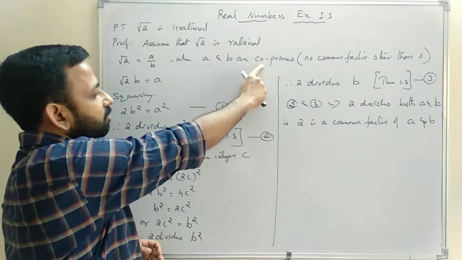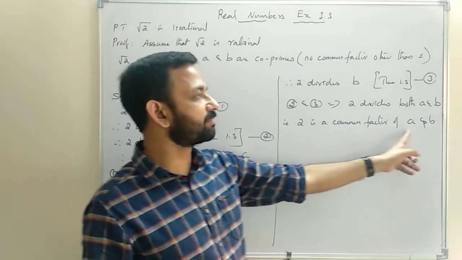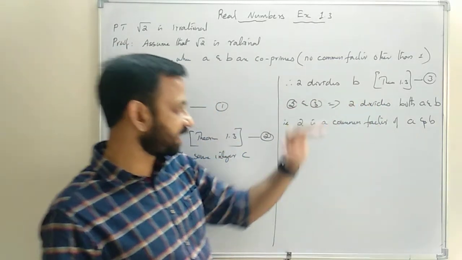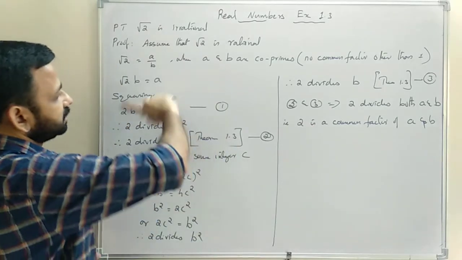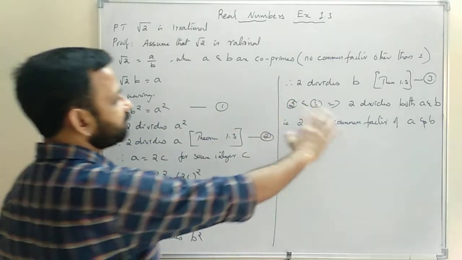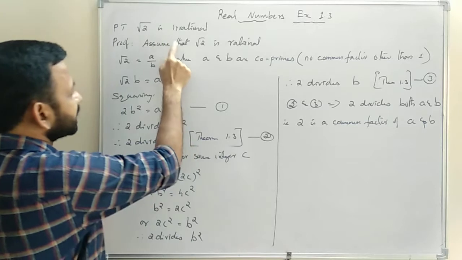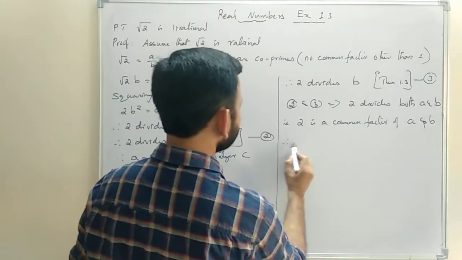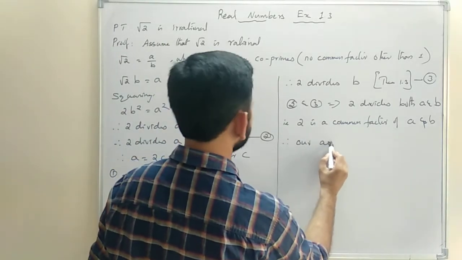But we got 2 as a common factor of a and b. So that is a contradiction. All these steps are correct, but we reached a contradiction. That means our assumption is wrong.